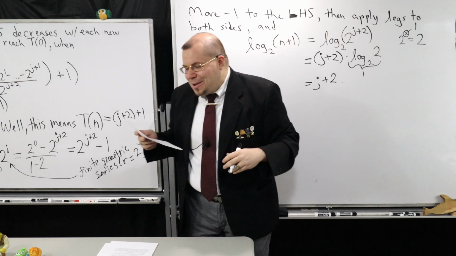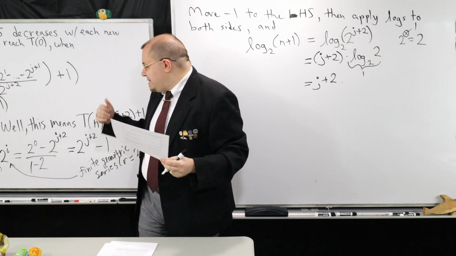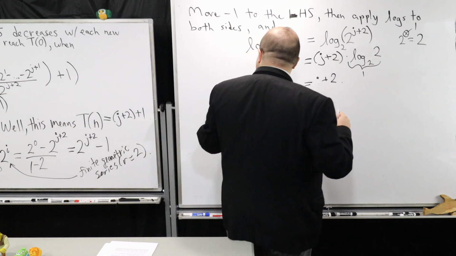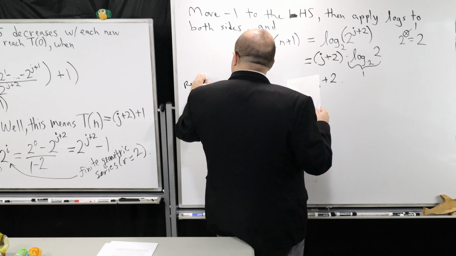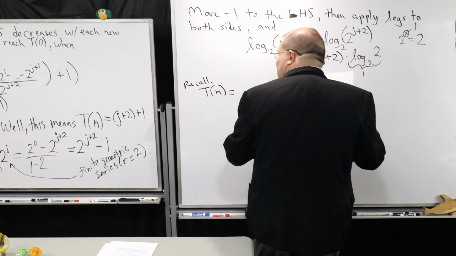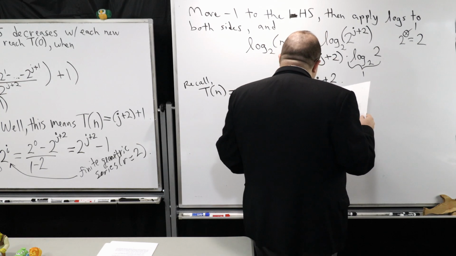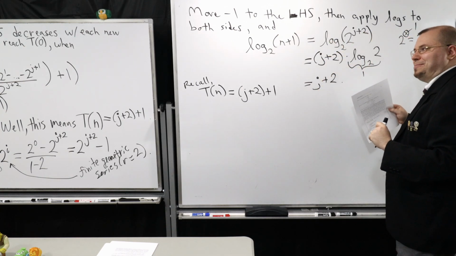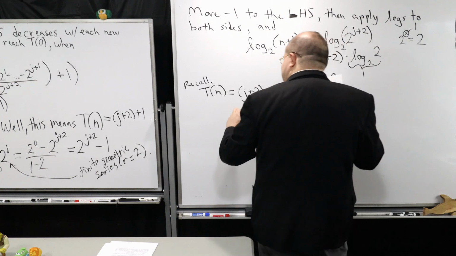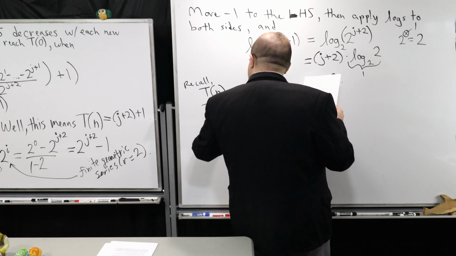Putting this all together, recall that T of n is equal to j plus 2 plus 1. And we know j plus 2 is actually equal to log base 2 of n plus 1, so I'm just going to put that in.